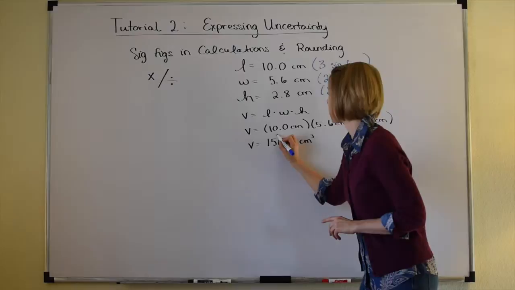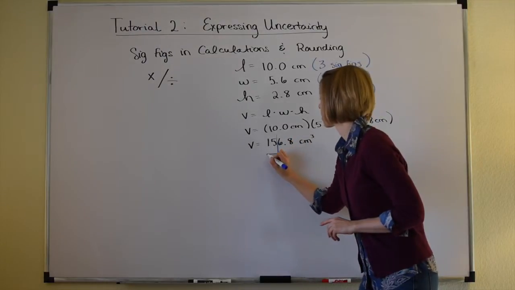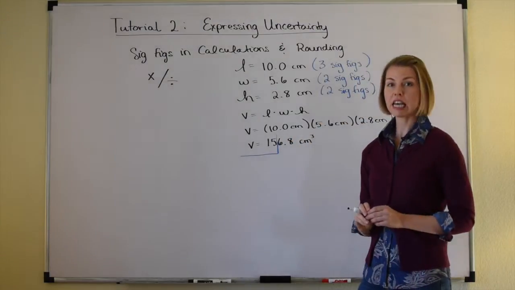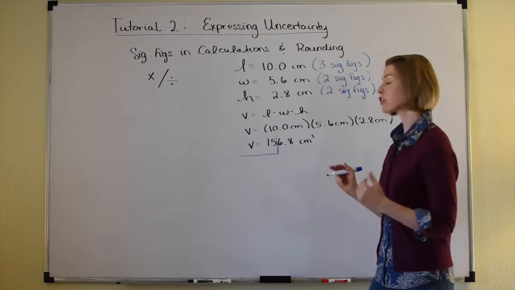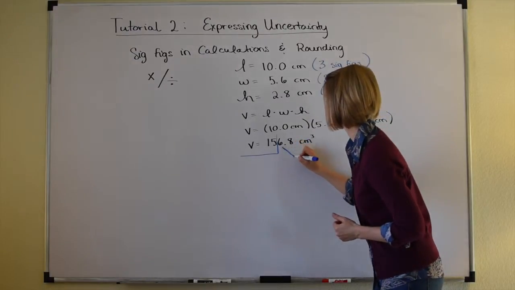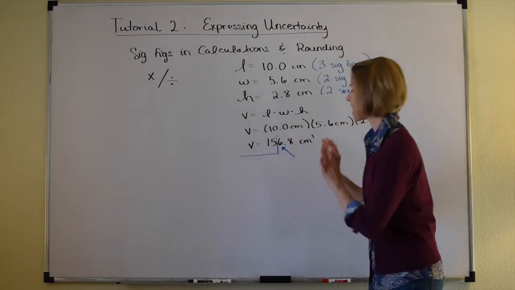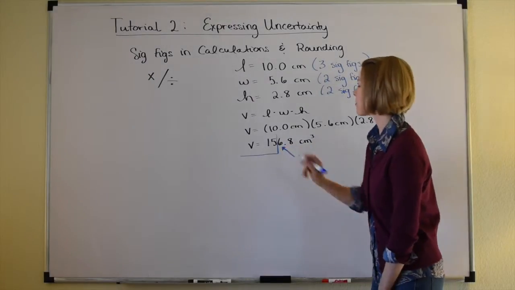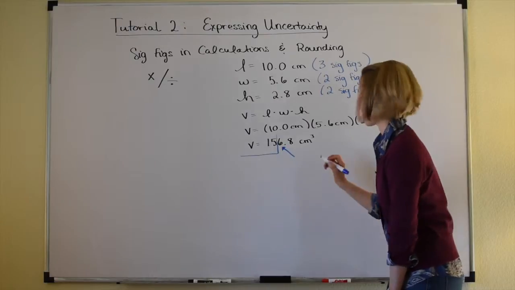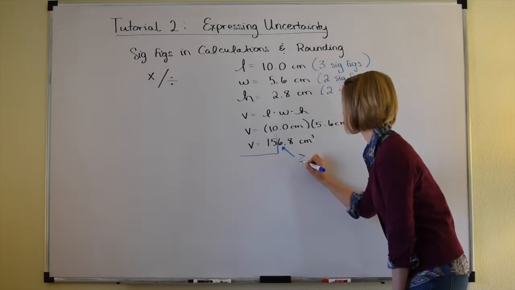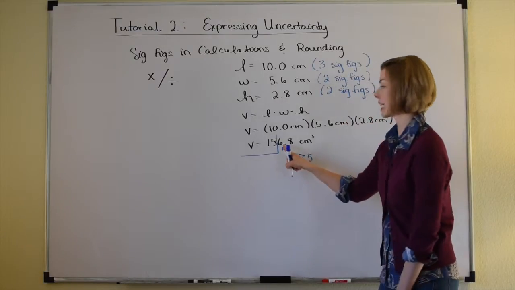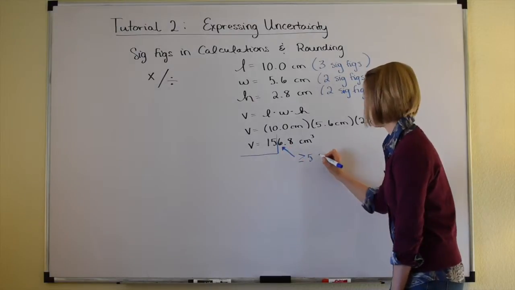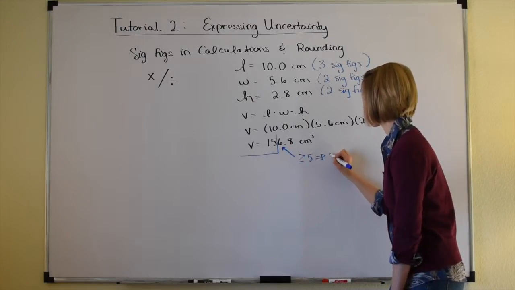So I'm going to round this number off to 2 sig figs. In order to do that properly, I first need to look at the leftmost digit to be dropped. If the leftmost digit to be dropped is greater than or equal to 5, like it is here, it's a 6, then I'm going to round up.